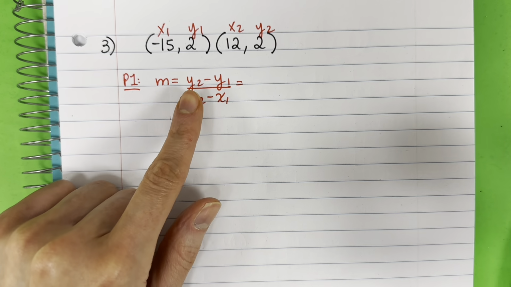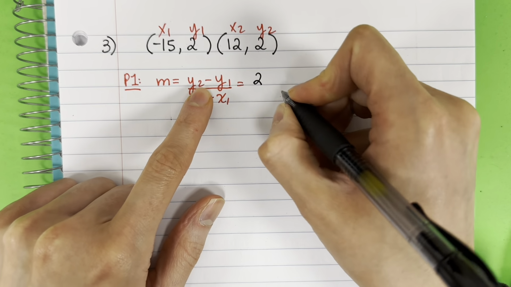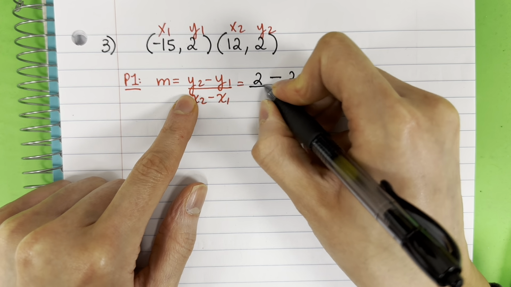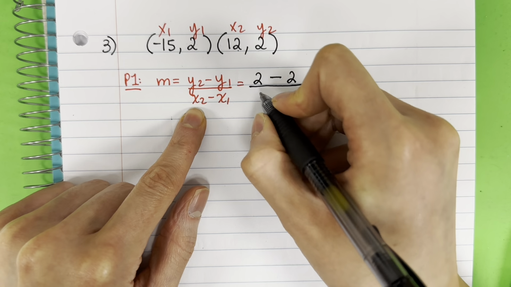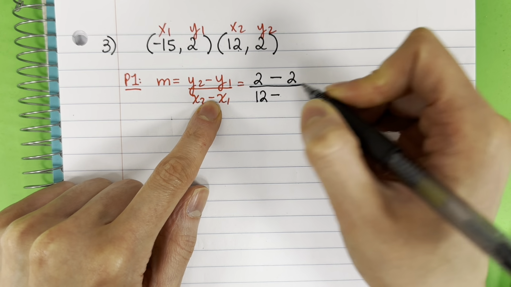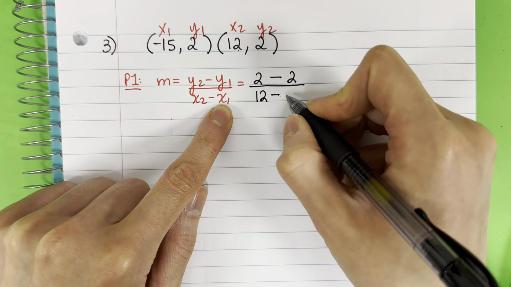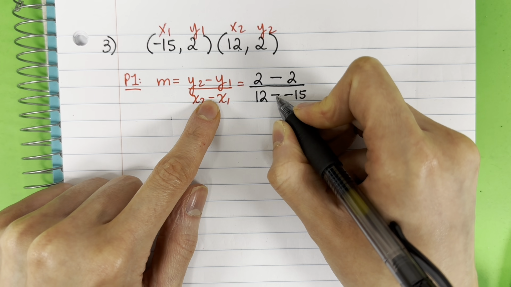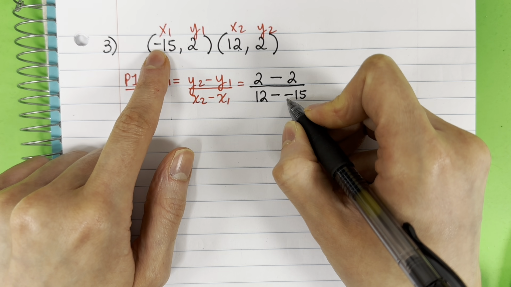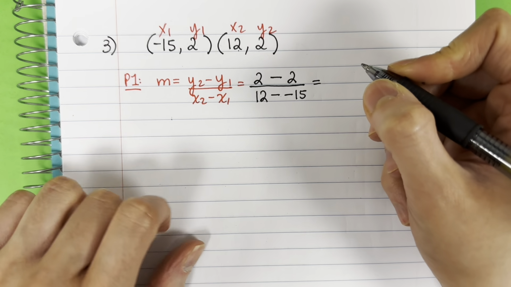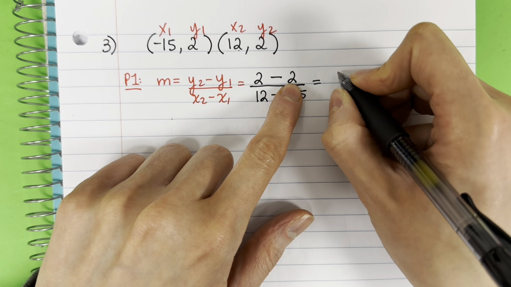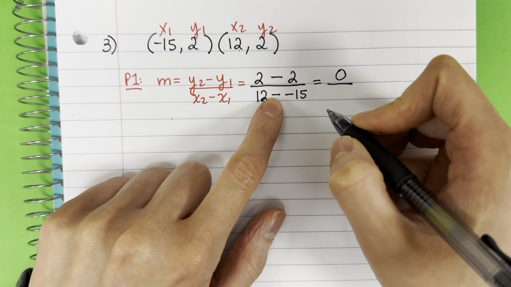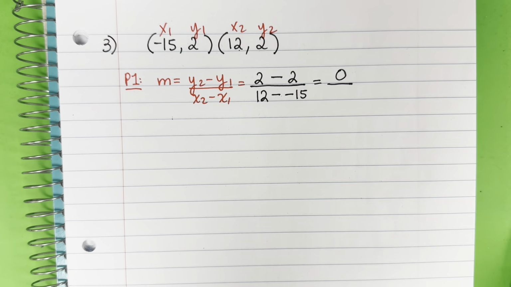All right, let's put the numbers in. y2 is 2 minus y1 is 2 divided by x2 is 12 minus x1 is, again, -15. So again, minus for that formula, negative for that -15. All right, 2 minus 2 is 0 divided by 12 minus -15.